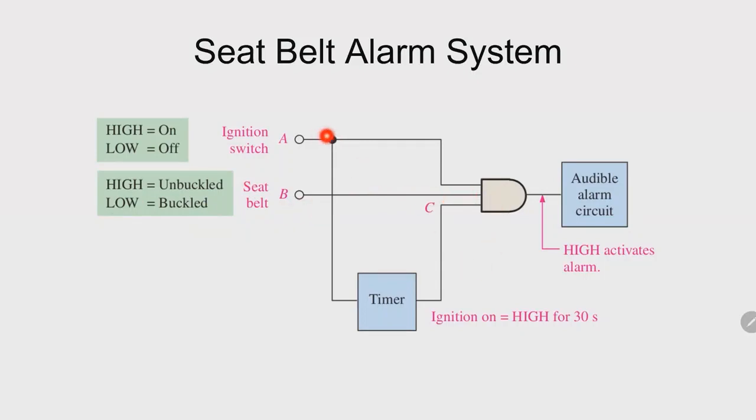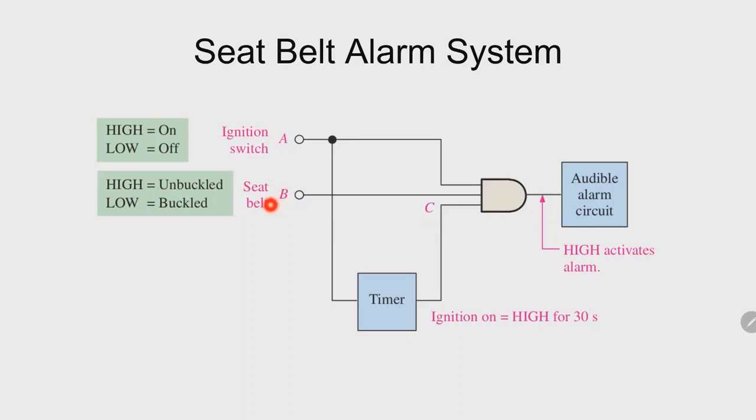And when you start your car, there's a timer, for example, a timer for 30 seconds. So it's high for 30 seconds when the ignition is on. Then you have a high here, and it purely depends on whether the seatbelt is buckled.